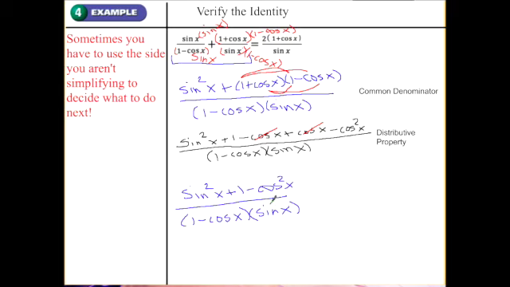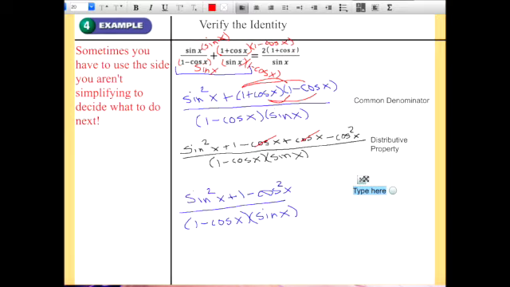Alright, so that was just a little bit of subtraction. Not too fancy.